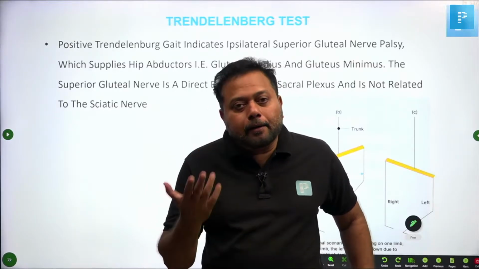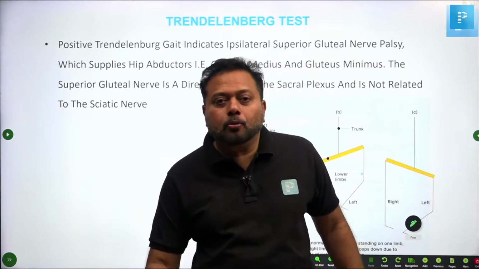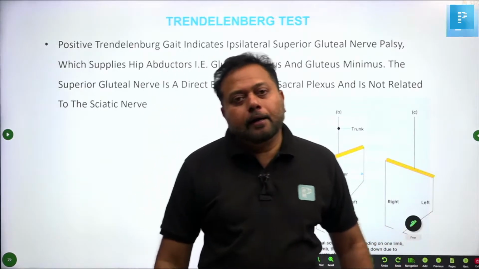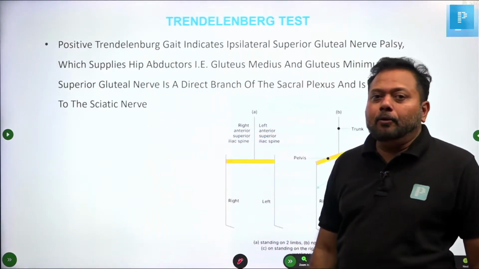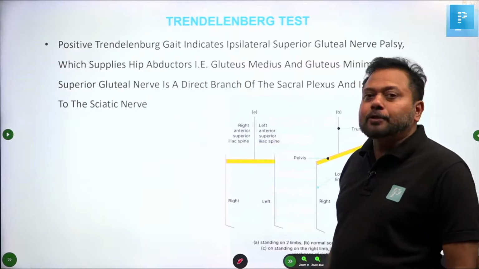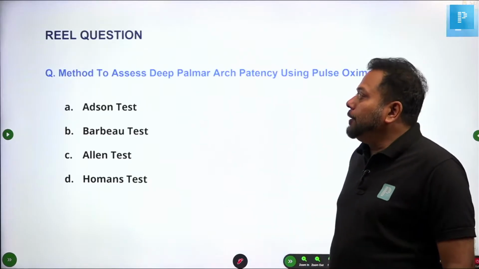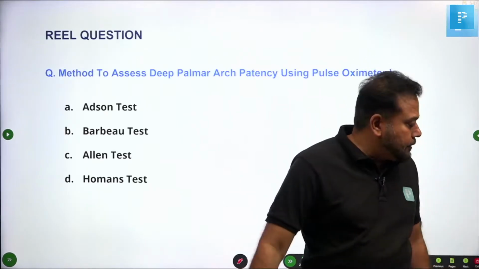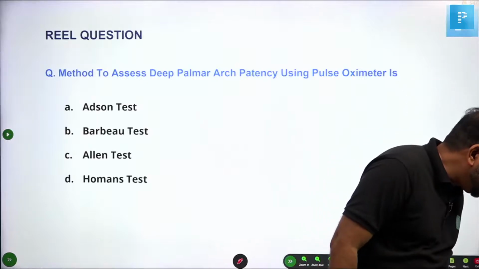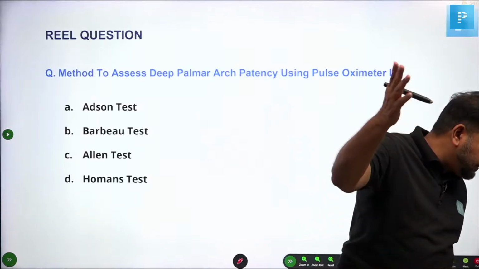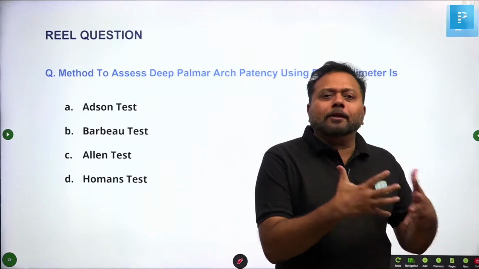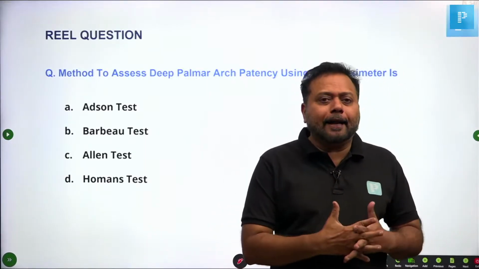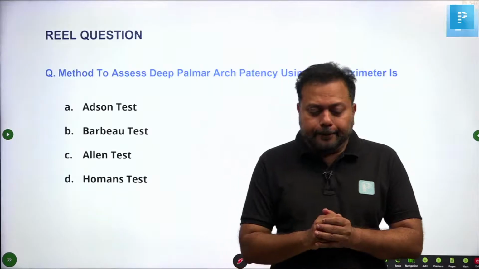And whenever Trendelenburg sign is there, when you ask the patient to walk, they will have what is called a Trendelenburg gait, lurching towards the opposite side. Right. Marvelous. Since you people are so much participating and involved in the class, I want to give an extra point.